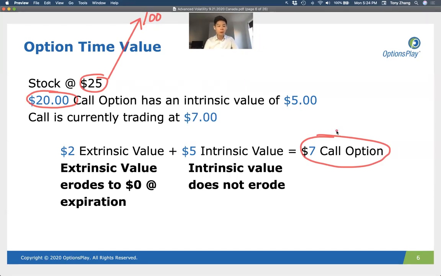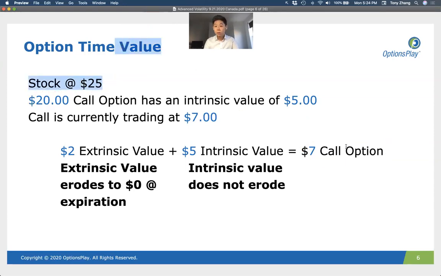And guess what? You and maybe other market participants will bid up the price of this call option. You'll pay $7, someone else will pay $7.50, someone will pay $8, and people will keep paying more and more money for this call option until they believe that the value of this call option is fairly priced for the expected move that they think the stock is going to make.